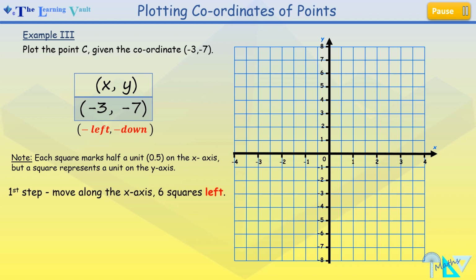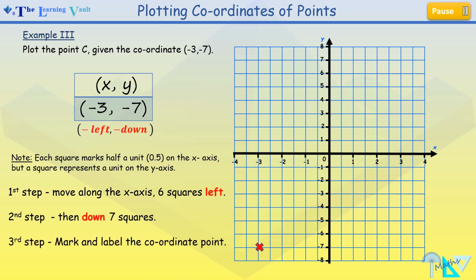So our first move along the x-axis is to move along 6 squares to the left. Second step is to move down 7 squares. Mark and label the coordinate points.